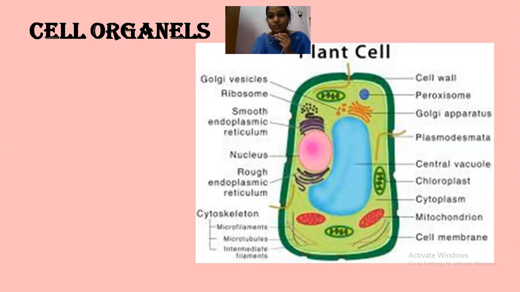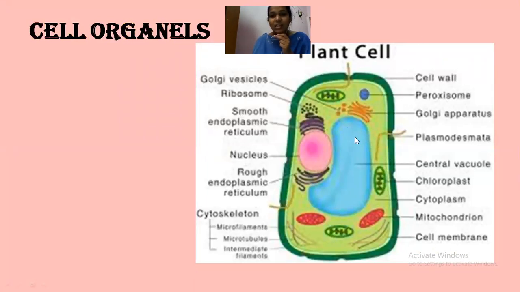The outermost layer of this cell is called cell wall. As it is the outermost layer, it gives certain shape and protection to the inner parts. Next, coming to the inner side, there is the membrane called plasma membrane, which is also known as plasma lemma. This is just present inner to the cell wall. And this is the gel-like structure.